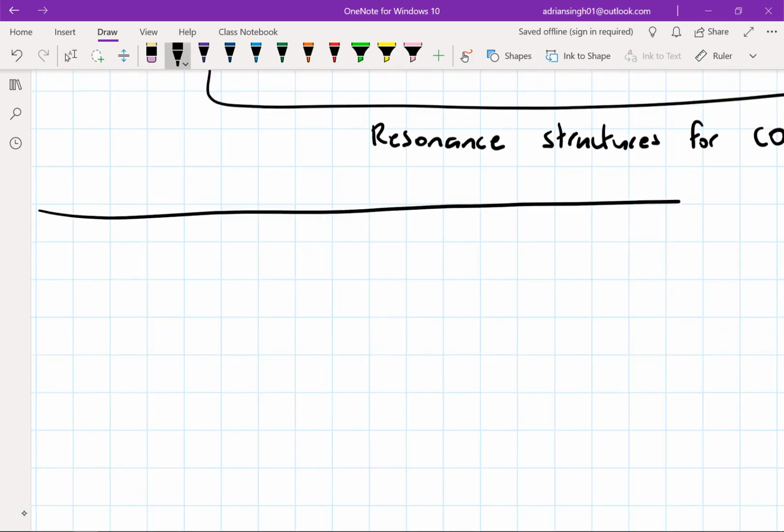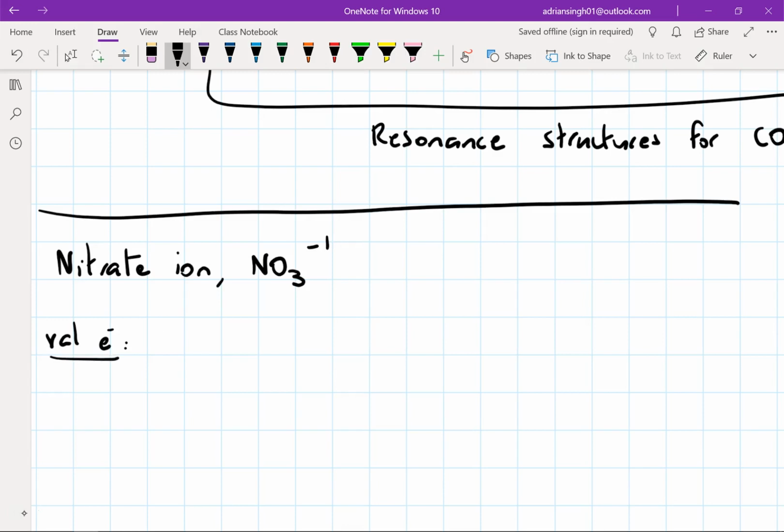We can take a look at another example. Let's look at the Lewis structure for nitrate. So the nitrate ion, which is another polyatomic ion, NO3 with a -1 charge. So we do our valence electron count. We have 1 nitrogen. Nitrogen is in group 5, so that'll give us 5 electrons.